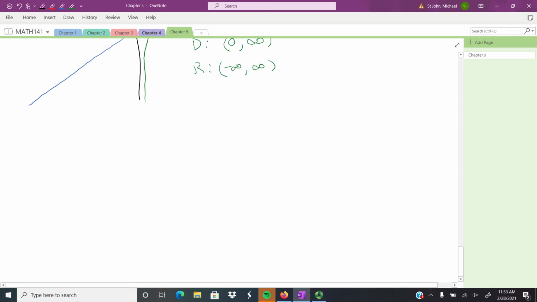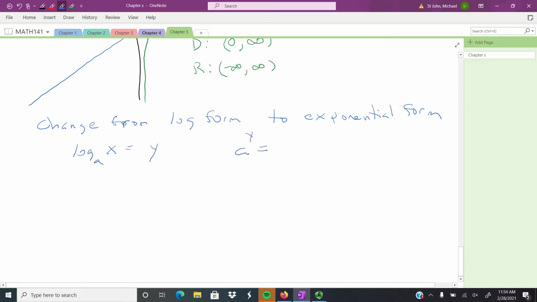Well, we can change from log form to exponential form. So log base a of x equals y would be a to the y equals x.